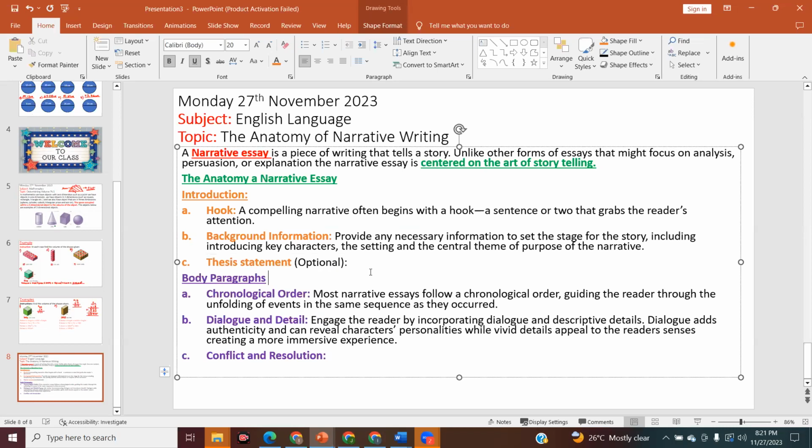Instead of doing it in chronological order, you can start at the end and then build up to what led to that. Obviously that's not easy, but with practice, you can become more sophisticated at doing that. It's just a different twist to it.